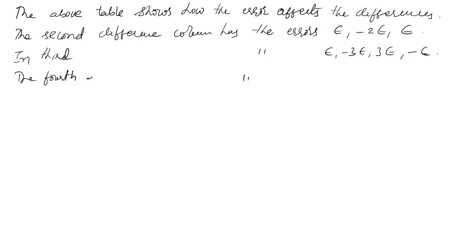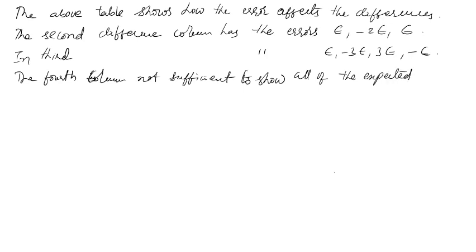The fourth column is not sufficient to show all of the expected errors. What are the expected errors here? Epsilon, and the fourth one, minus 4 epsilon is there, next 6 epsilon, next again minus 4 epsilon, and the last one epsilon.